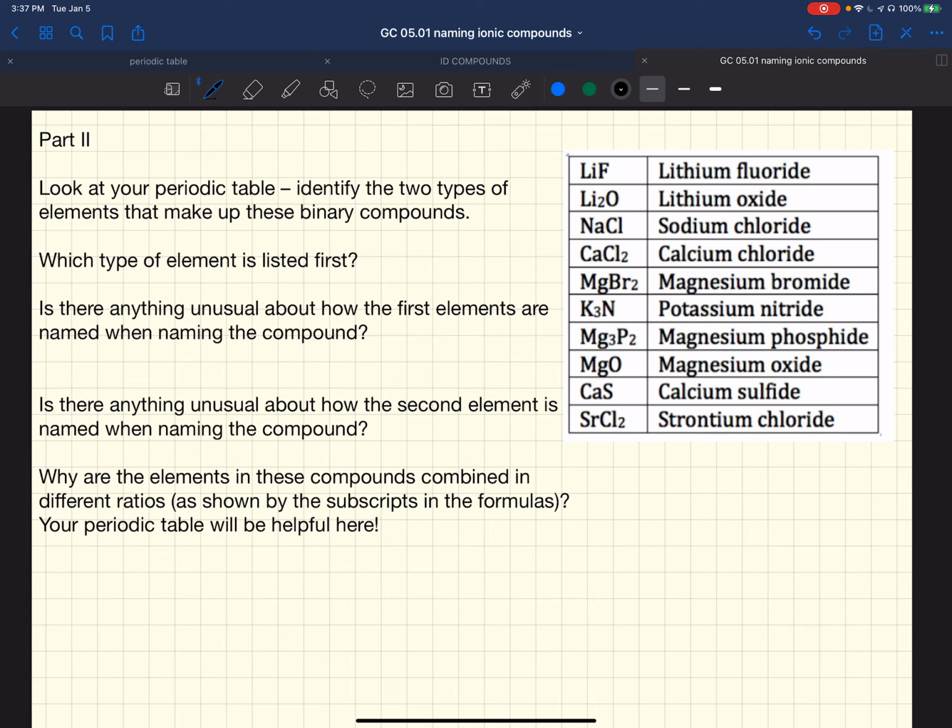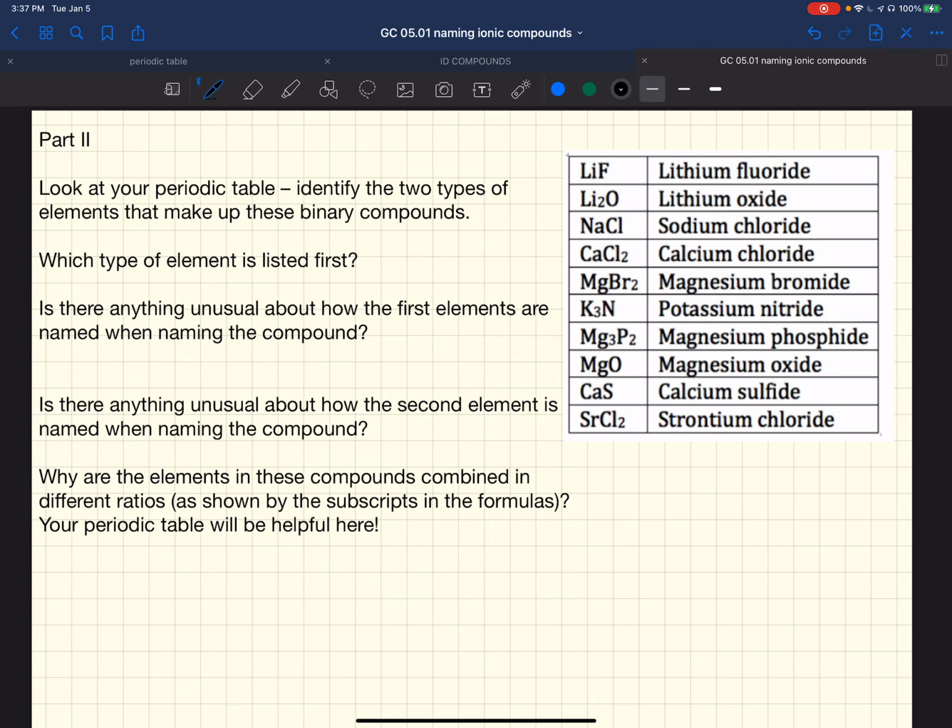Okay, which type of element is listed first? Well, that's pretty simple. It's the metal. Is there anything unusual about how the first elements are named when naming the compounds? Well, looking at this, that's lithium, that's sodium, that's a no. Is there anything unusual about how the second element is named when naming the compound?